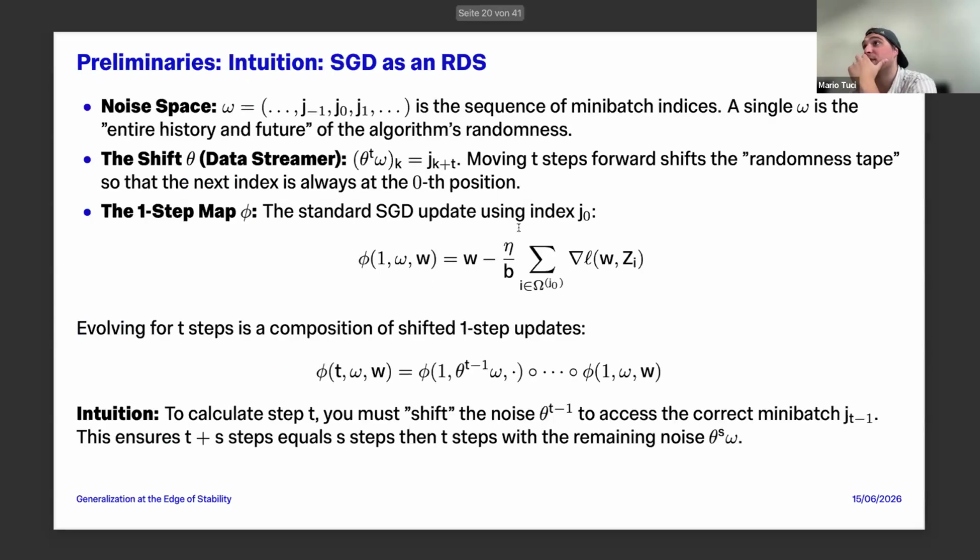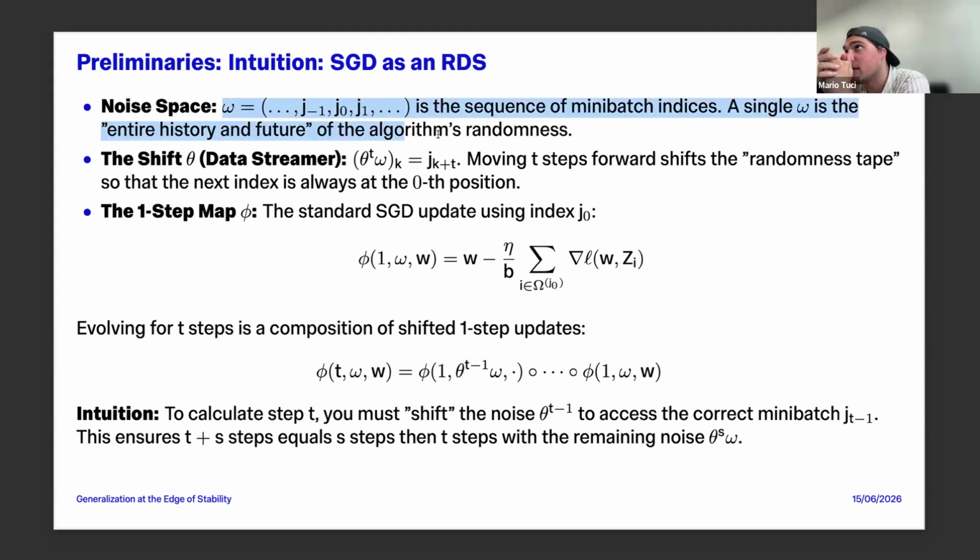So to make it more intuitive what a random dynamical system is, and for instance, that SGD is one, there are many examples. You can basically write everything as a random dynamical system. So we have noise, which are my mini batch indices. You have to imagine it like an infinite sequence. You draw them all at once, and then you fix this noise sequence.